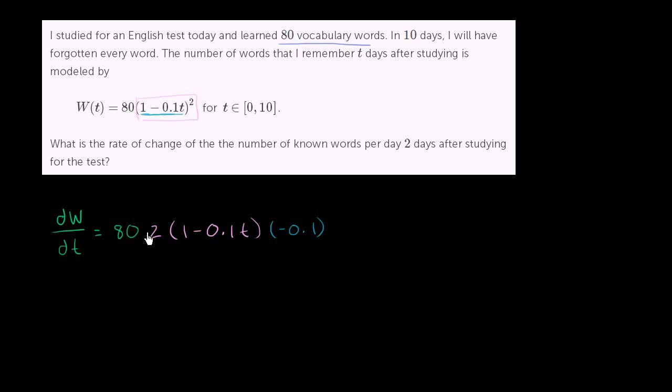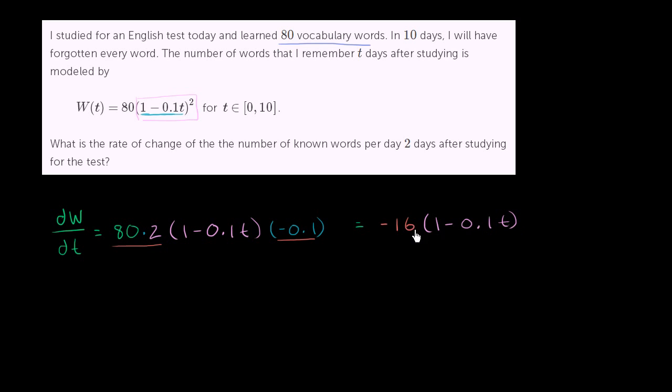Of course, we can simplify this a little bit. 80 times 2 is 160, times negative 0.1 is negative 16. So negative 16 times (1 minus 0.1t).